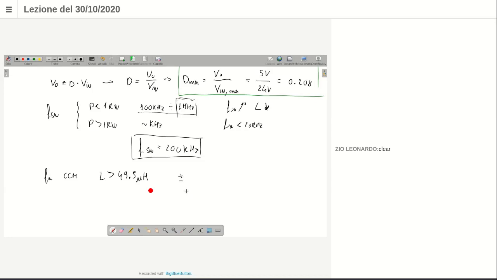So it can be advisable to increase the inductance value by a 10–20% factor.